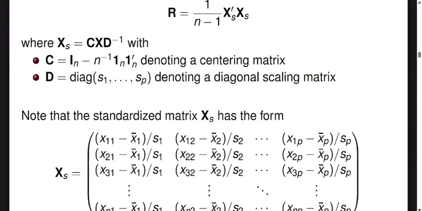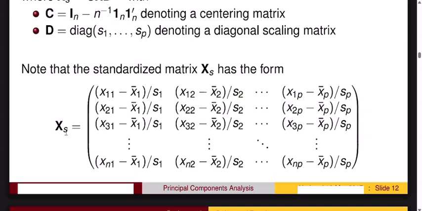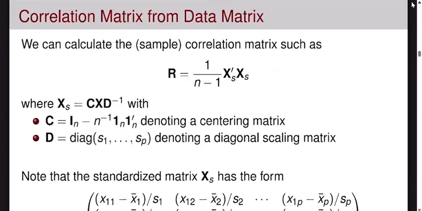The standardized matrix is obtained when you divide each element in the deviation matrix by its standard deviation. Then I take the transpose, multiply the transpose of that with that, and divide by n minus 1. That gives me the correlation matrix. I think we've done this before.